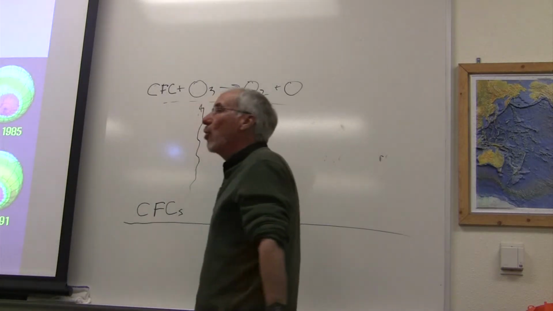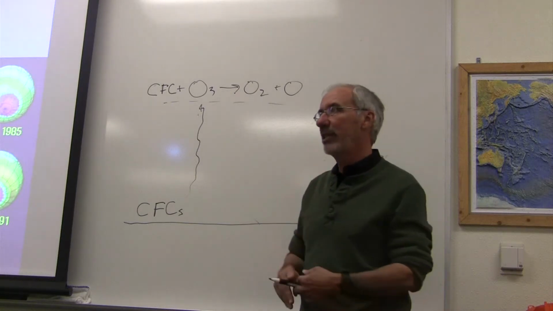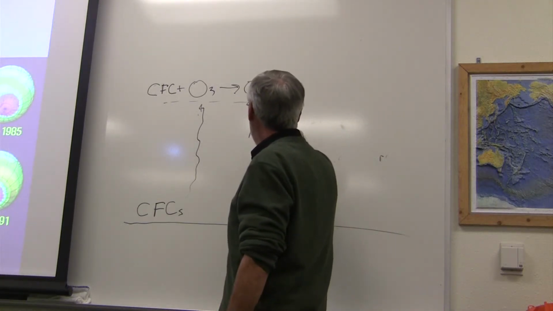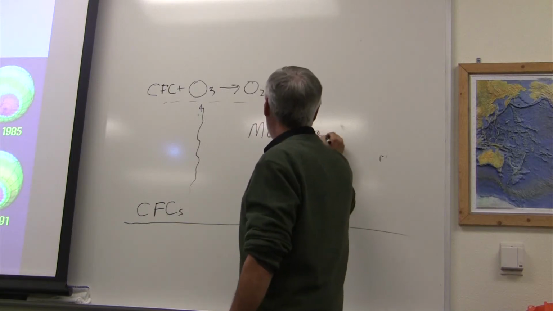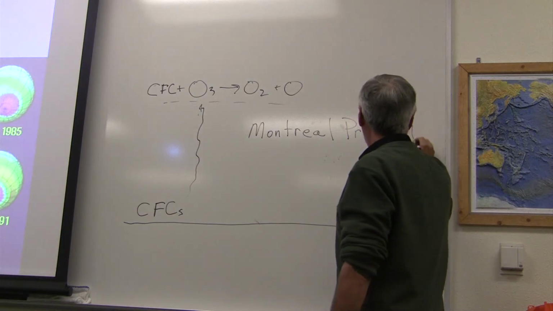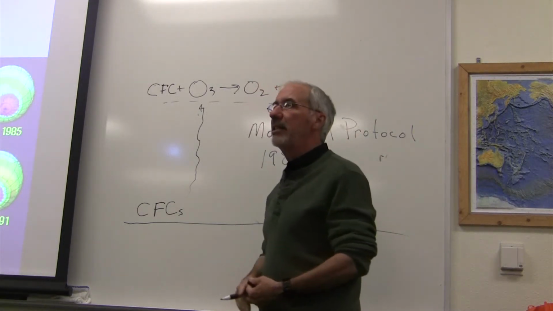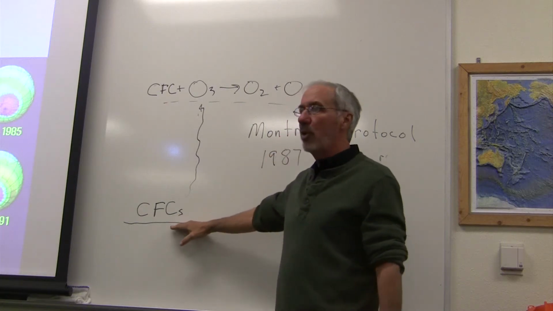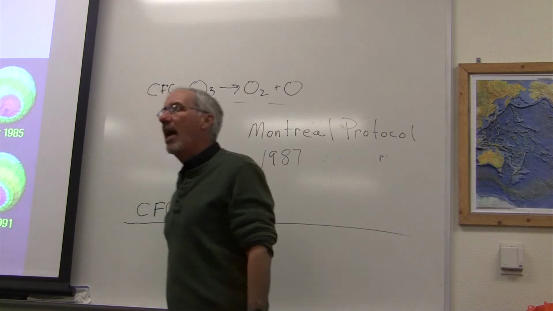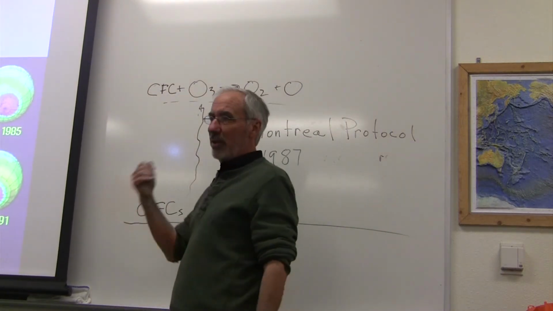So in a very remarkable treaty that I've never seen another one like this around the planet, in 1987, over 100 countries on the planet signed the Montreal Protocol. So that would be 1987, to reduce and then eliminate the use of chlorofluorocarbons on the planet so that we could stop, prevent, mitigate, whatever you want to call it, this ozone hole.